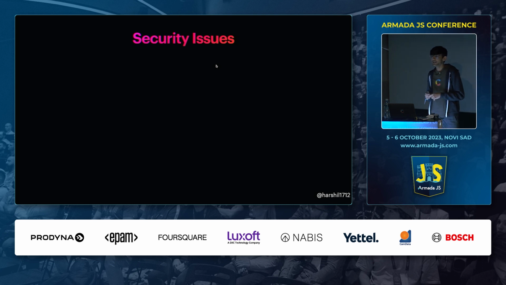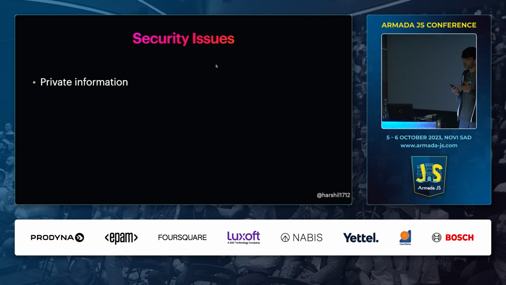The WebHID API is interesting. It has opened a lot of gates for us, but it has major security issues. The first one is if your HID device contains some kind of private information, it can be easily accessible if your device is connected to a malicious application out there.